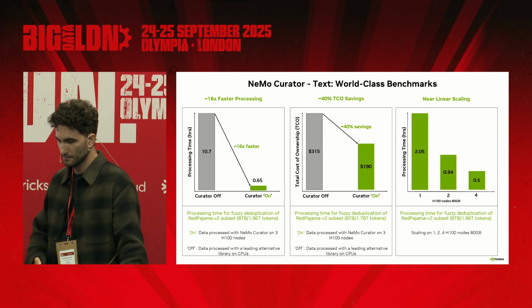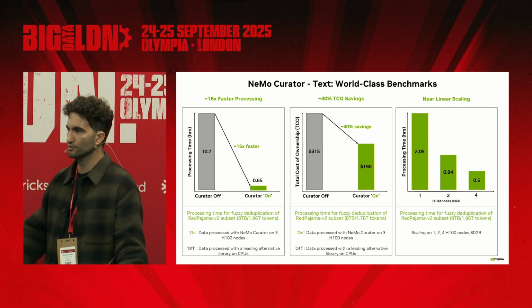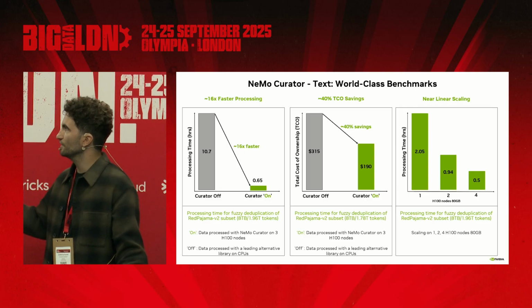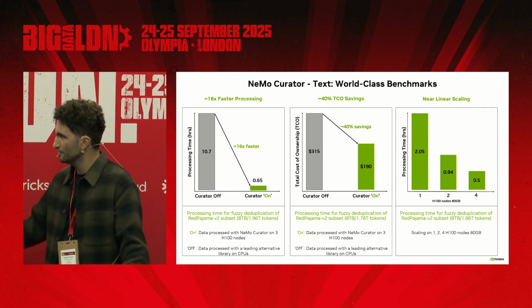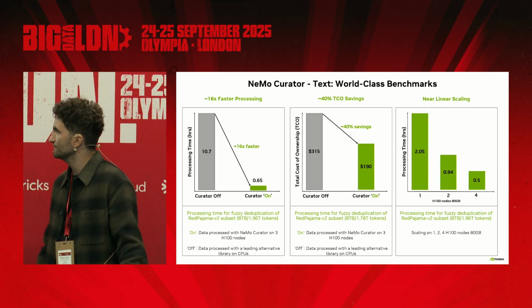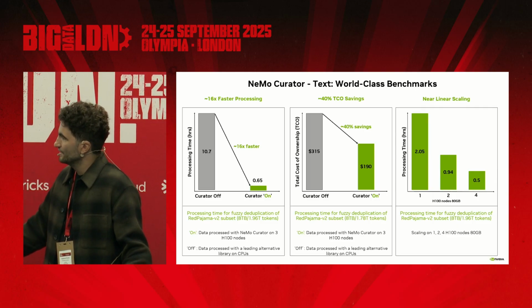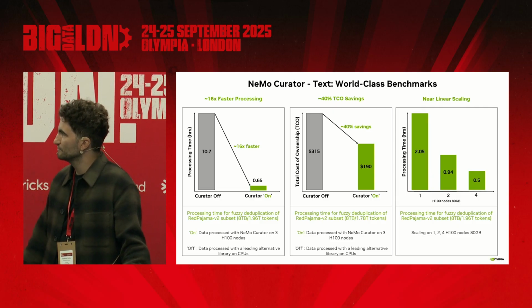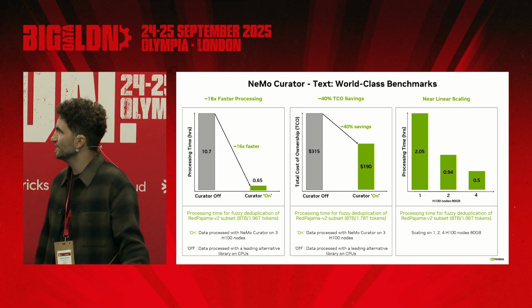But if you're using these downstream to maybe do continued pre-training on your models, you want to be processing this data with all of the key points raised before in consideration. And as you can see, with simply three H100s versus hundreds of CPUs, we can see a 16 times faster processing time.